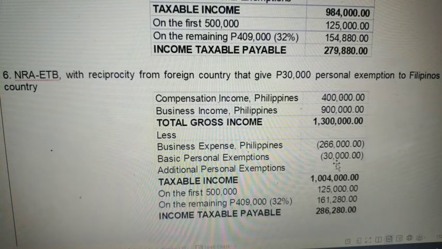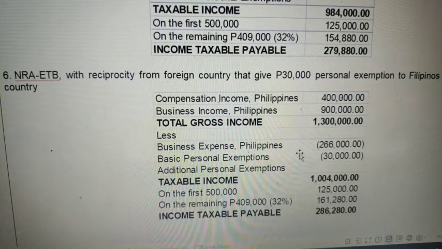Okay, bakit hindi natin nilagyan ng 50,000? Kasi nga 30,000 lang naman din yung binigay, 30,000 lang din ang ating ibibigay. It means na kung ang reciprocity na ibinigay ng foreign country is lalagpas ng 50,000, 50,000 lang yung i-honor mo na basic personal exemption.